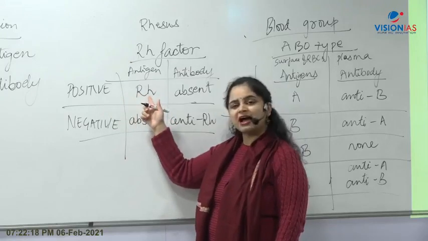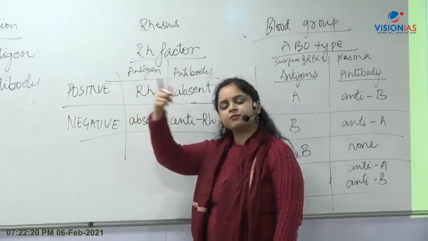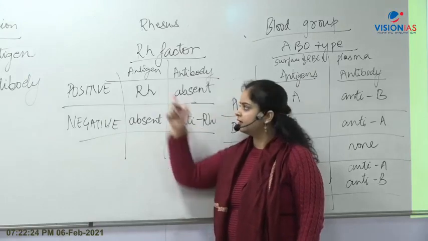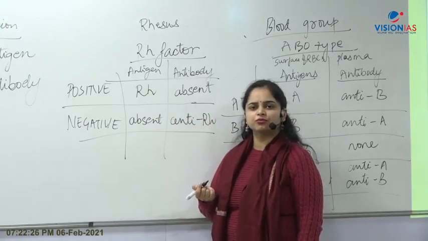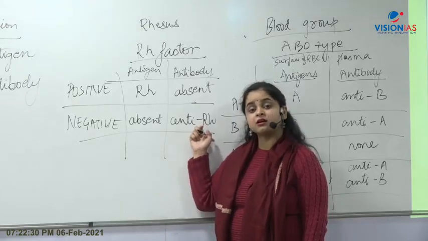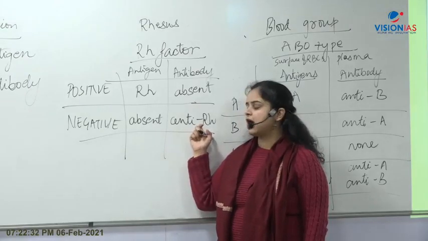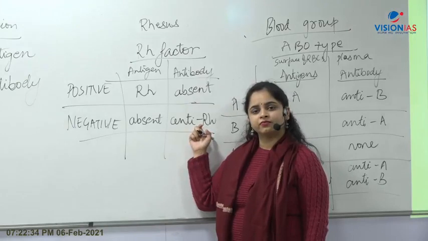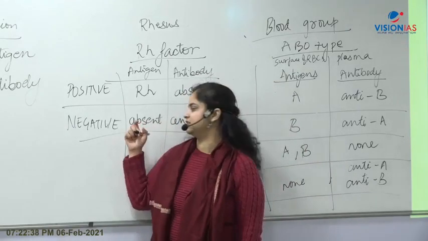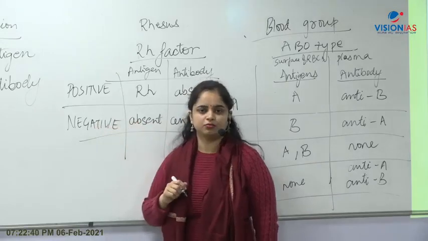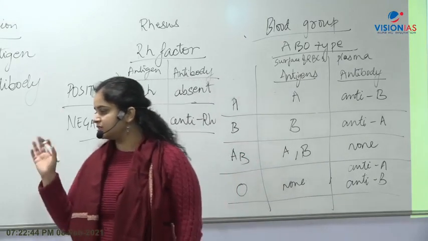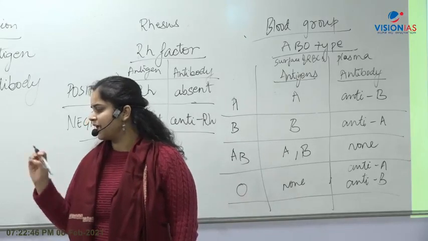Positive blood group has Rh antigen, and if the blood of the recipient has anti-Rh antibody, then this transfusion will not go through, right? There's going to be a reaction. So we need a blood group without an antigen, and that is the negative blood group. So the answer will be O negative, which is your A option.